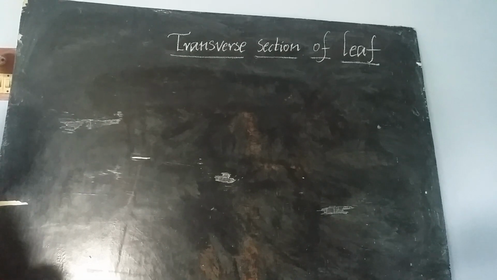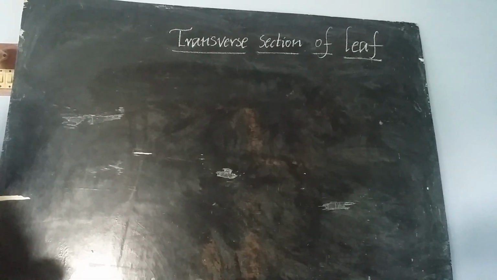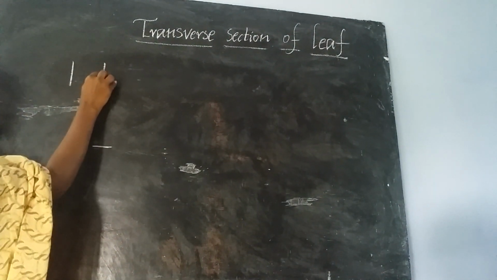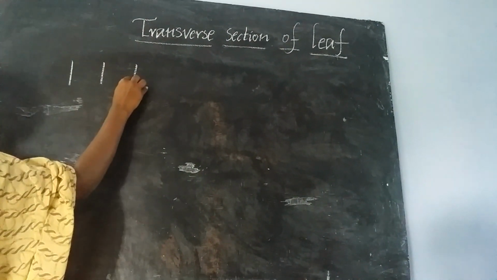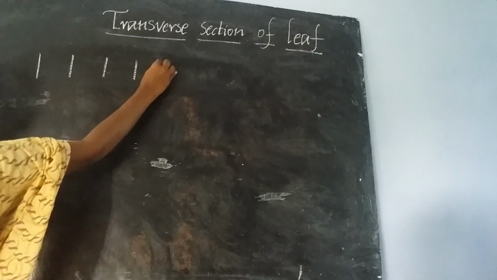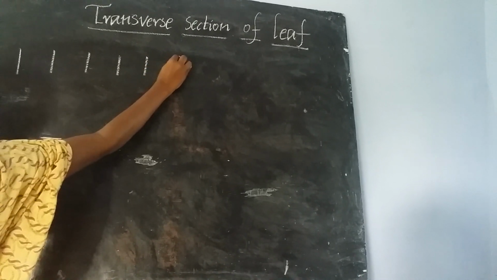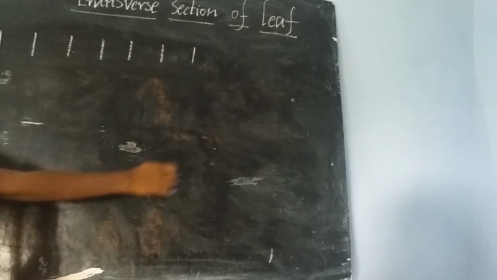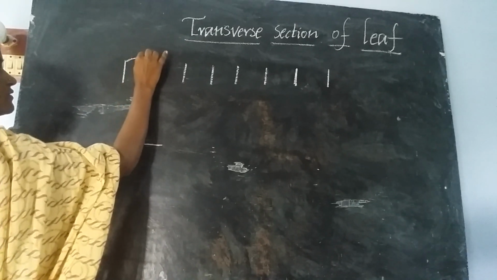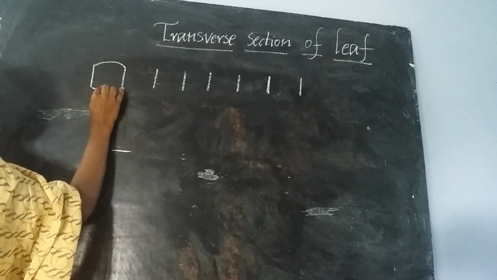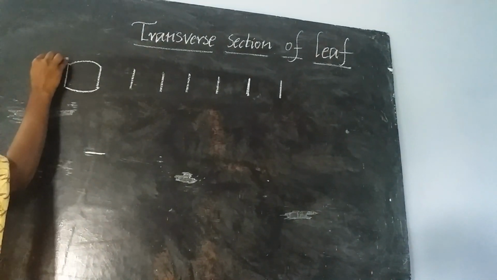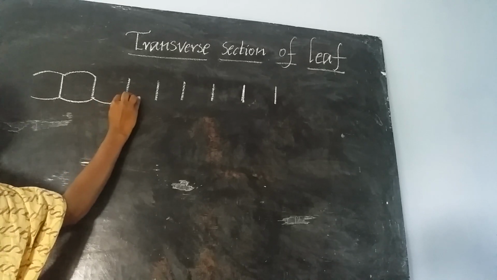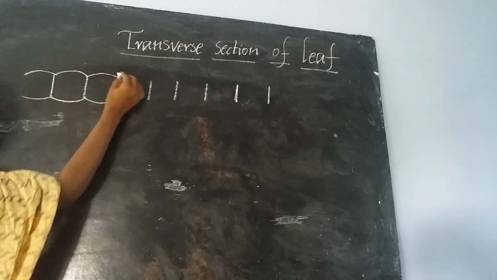In the first step we have to write many ones like me. Just follow me like this. You have to write many ones with a little distance. Now draw like this, like a chain.